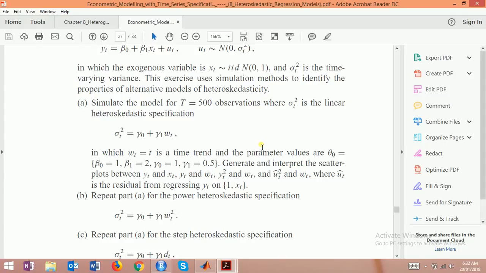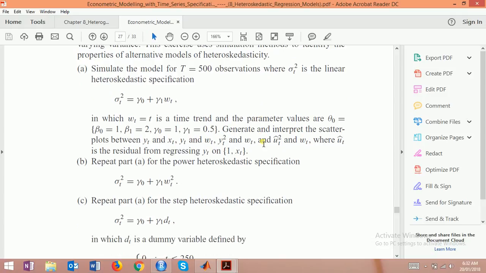Generate and interpret the scatter plots between yt and xt, yt and omega t, y square and omega t, u square, estimated residual, with omega t. I'm going to get the estimated residual by regressing y on x.